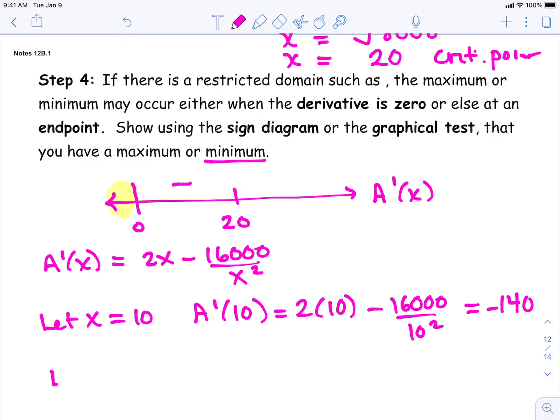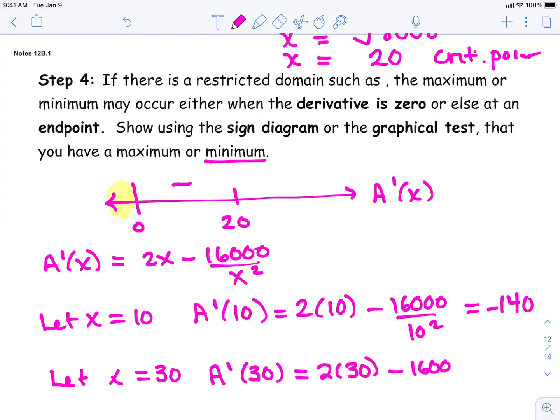Now let's find a number to the right of 20. So I'm going to just choose 30. I'm going to evaluate the derivative function for 30. Then I would type it into my calculator, and I get approximately 42.2. That's a positive number, so I'm going to put a positive in that interval.